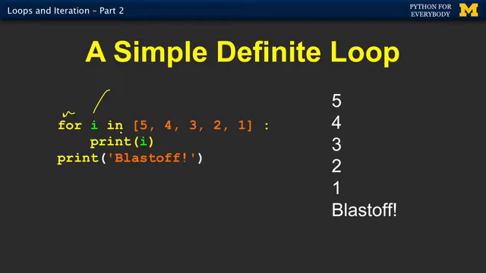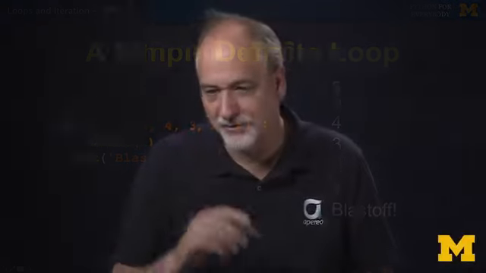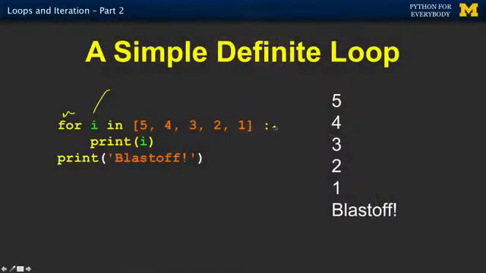In is another Python reserved word. And then we have various forms of collections. We'll find that files are collections, lists are collections. This happens to be a list of 5 integers: 5, 4, 3, 2, 1. And what we're doing in this for statement is, again, it's got an indented block, and then a de-indent, so the block has this stuff.